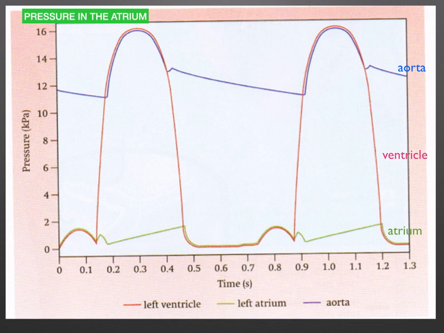Okay, let's have a look at the pressure in the atrium. Atrial pressure is always relatively low because the thin walls of the atrium cannot create much force. So it's highest when they are contracting. It drops when the left atrioventricular valve closes and then its walls relax.